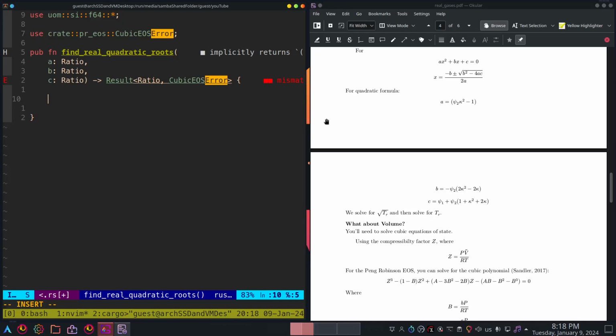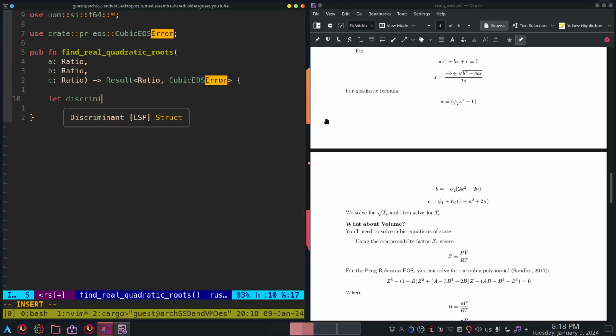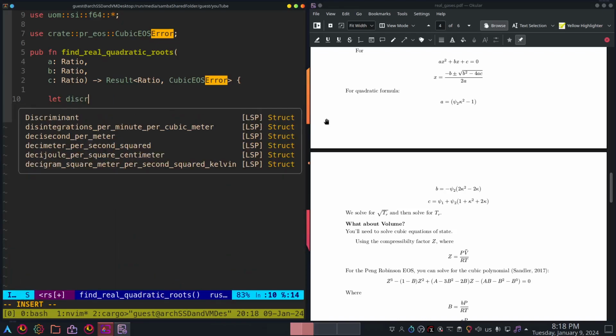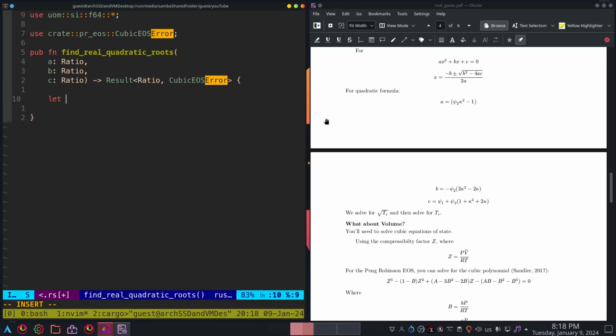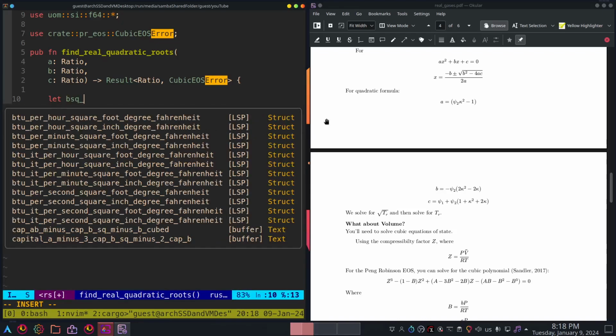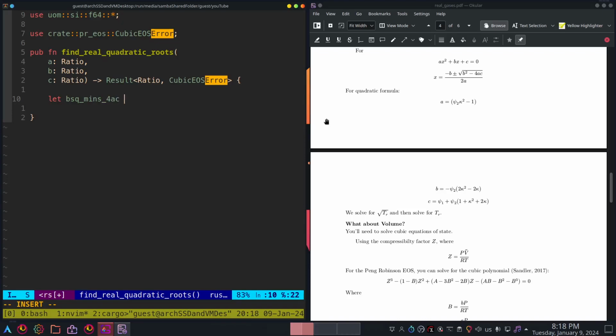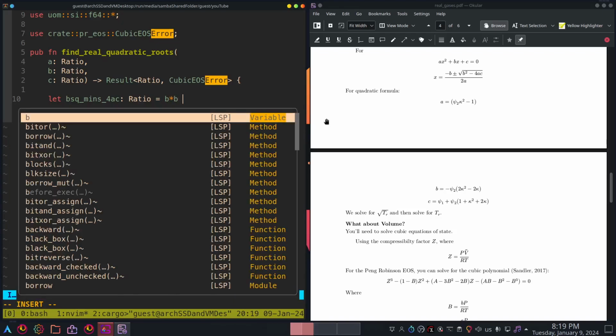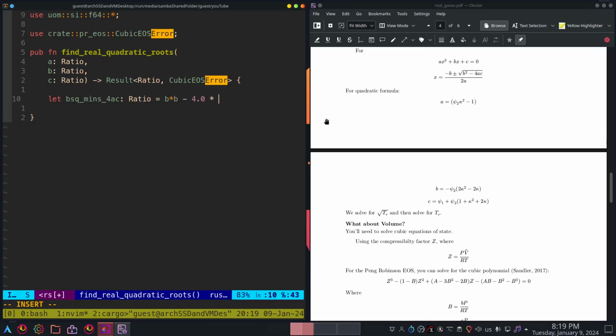So first, let's find the discriminant. Oh, there is a discriminant here. B squared minus 4ac. This will be a ratio equals b times b minus 4.0 times a times c.